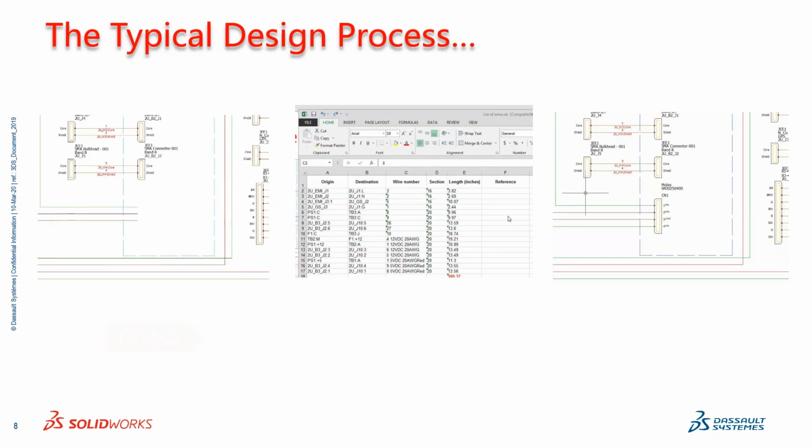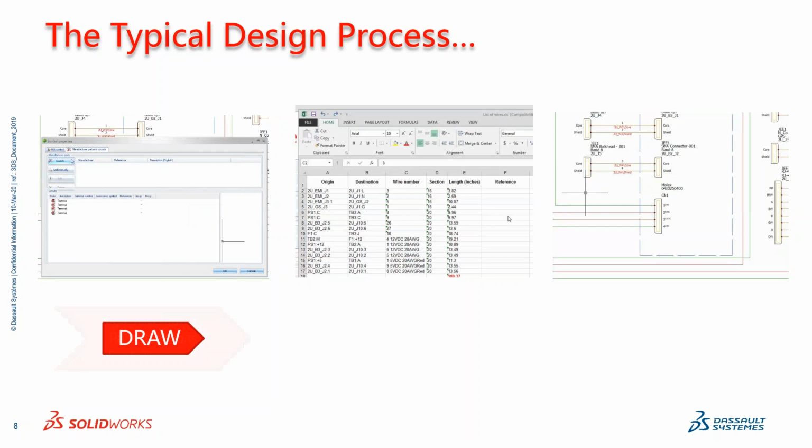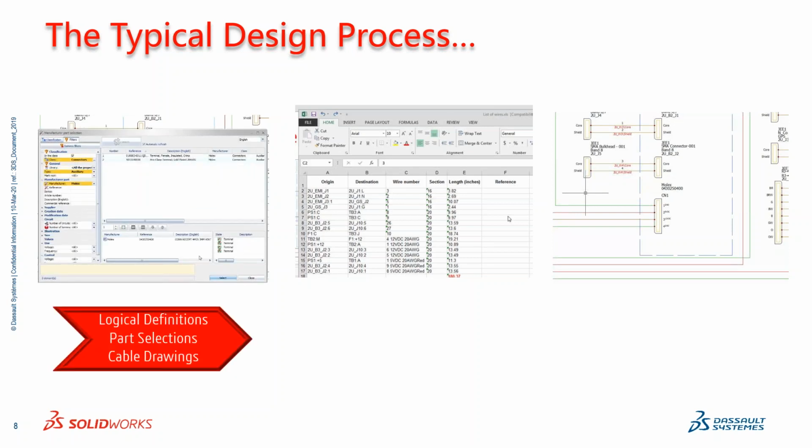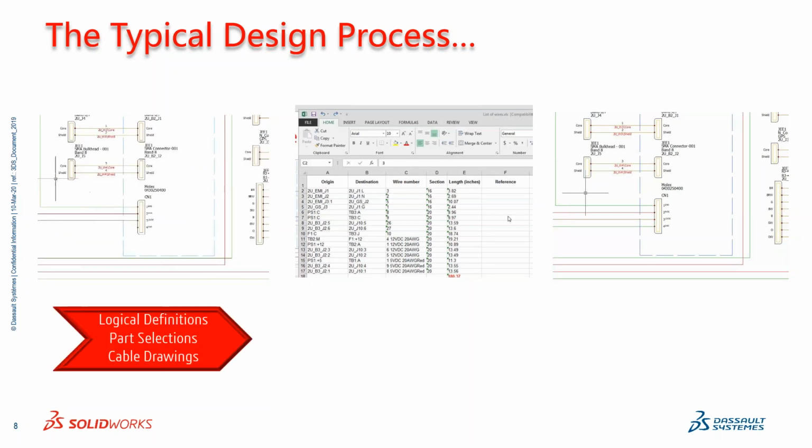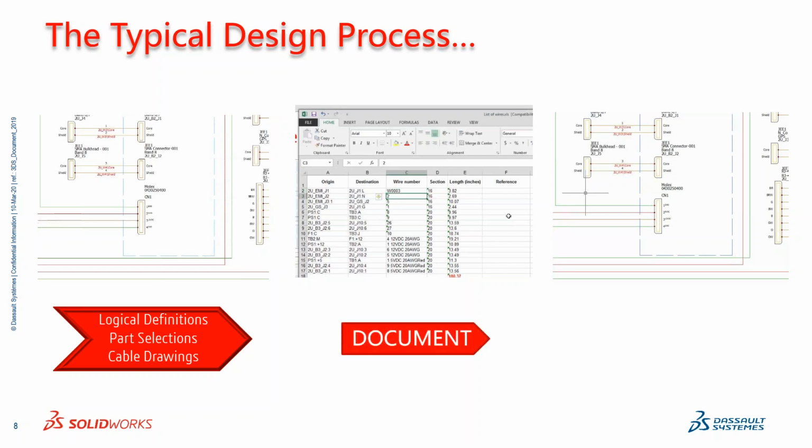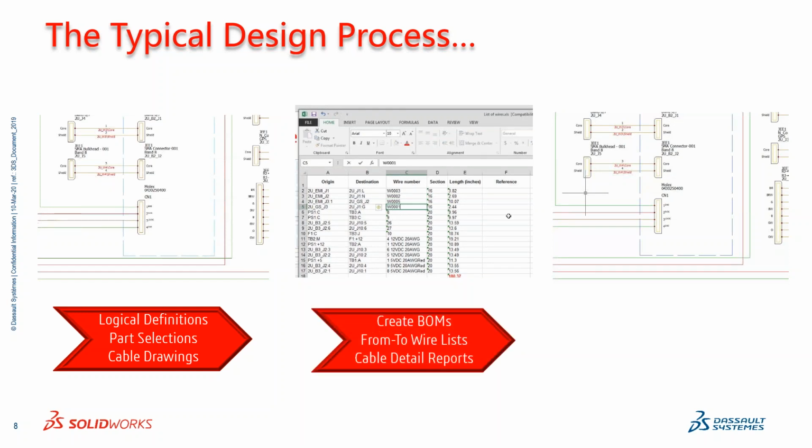So the typical design process that we see, not just with electrical design, but with P&ID and with hydraulic and pneumatic schematics, is people are just using boxes, drawing lines, adding text boxes to figure out what that box is for. And then after the fact, they go in and document everything, using tools such as Excel outside of their main schematic capture tool.